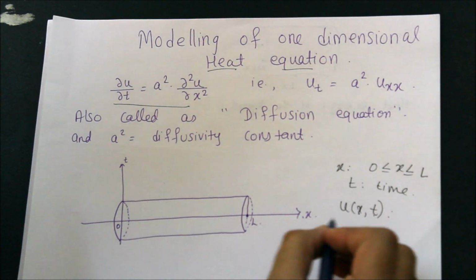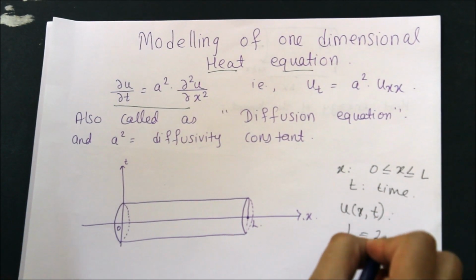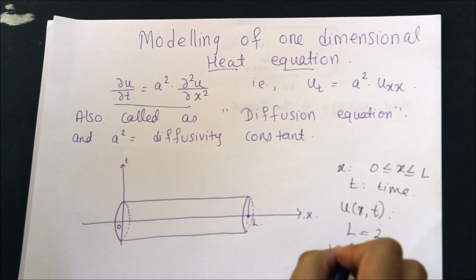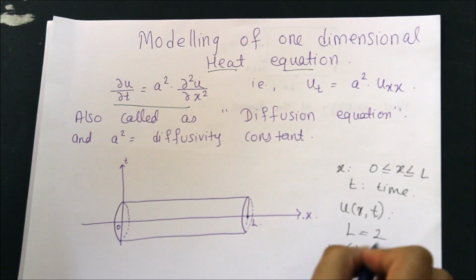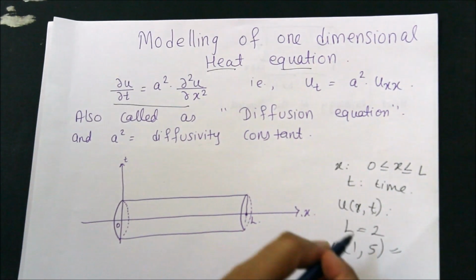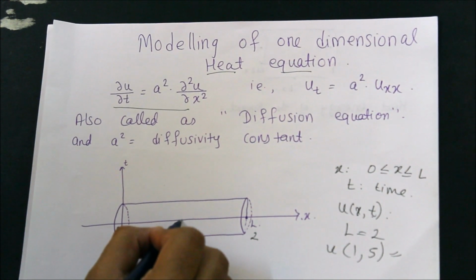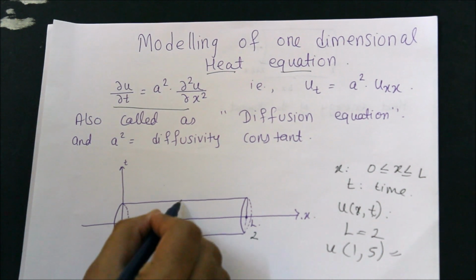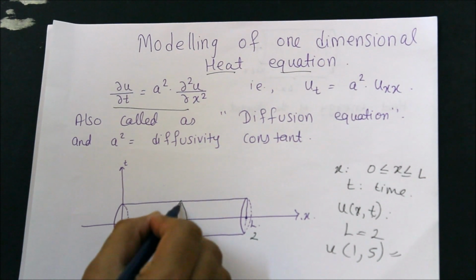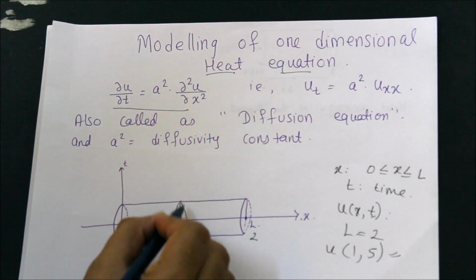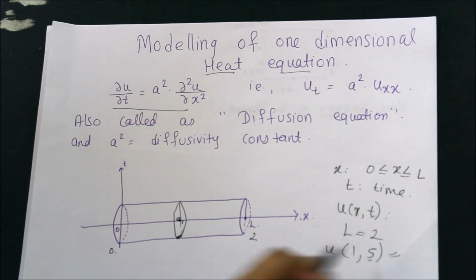Suppose I have a rod of length 2, and I ask what is u(1, 5). That means I am asking, at point 1 of the rod, what is the temperature over here after 5 minutes?